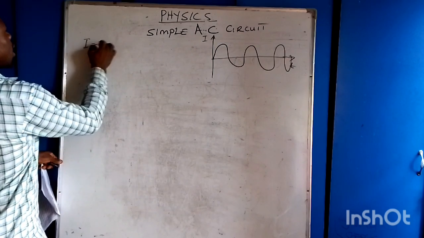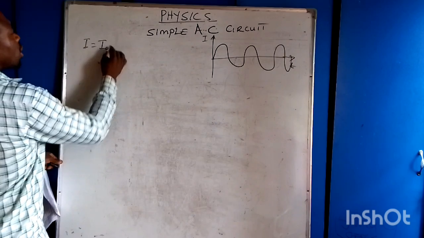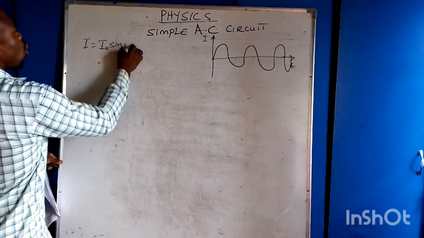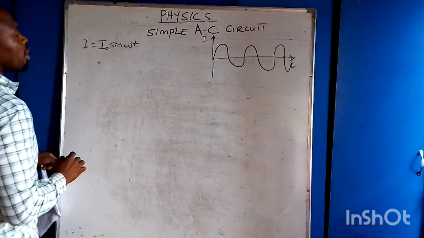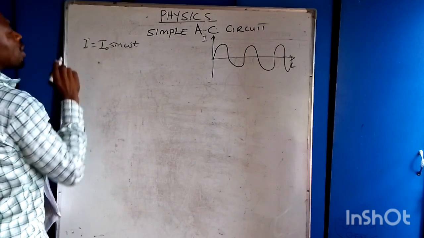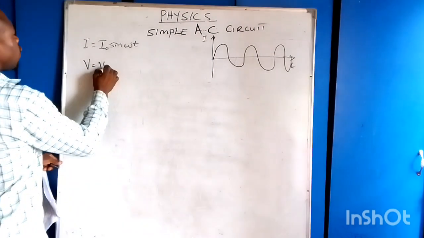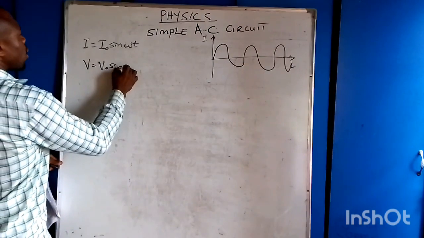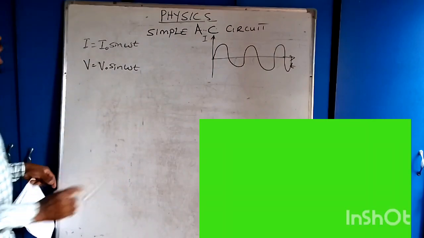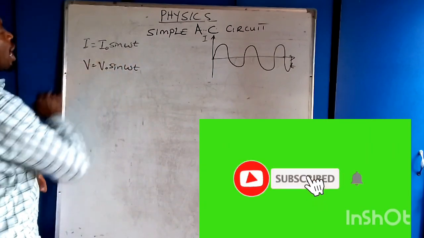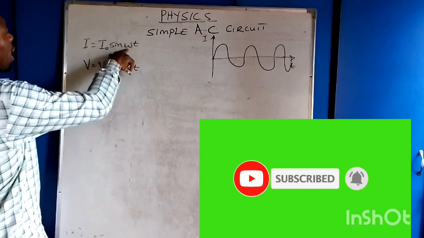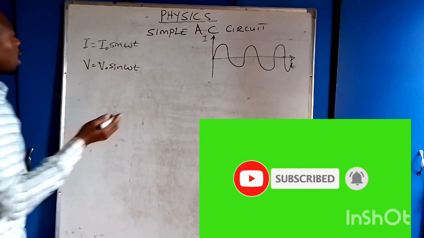I is equal to I naught sine omega t for the current, while that of voltage is V equals V naught sine omega t. And of course, omega is the angular speed. This angular speed omega can be extended.